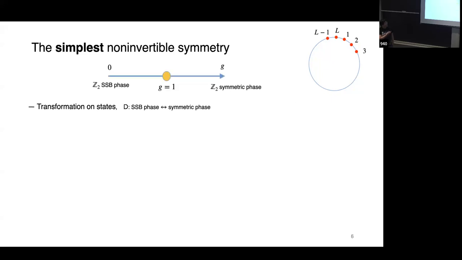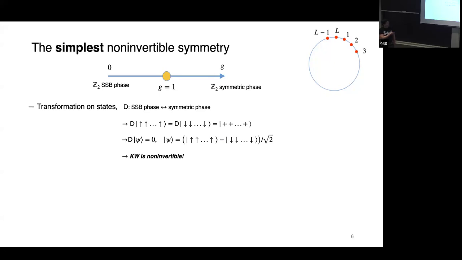First, let's look at the transformation on the states. Of course, it maps the spontaneous symmetry breaking phase to the symmetric phase. It maps the all spin up and all spin down states to a trivial state in the Z2 symmetric phase. By some algebra, you can define a linear combination of these two states which is annihilated by the operator D. So this operator has a kernel and it is non-invertible; you cannot find an inverse for it.